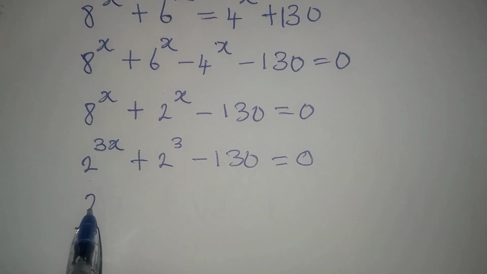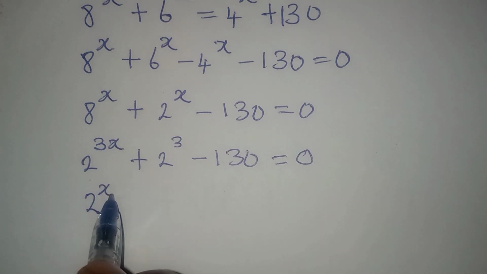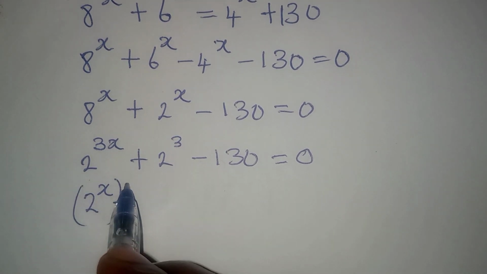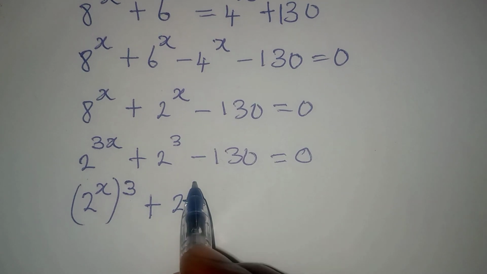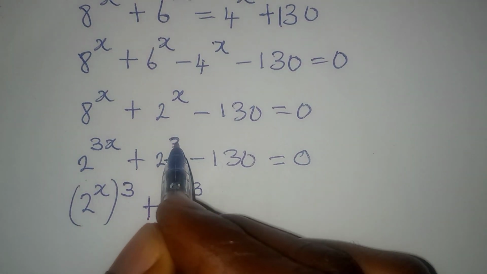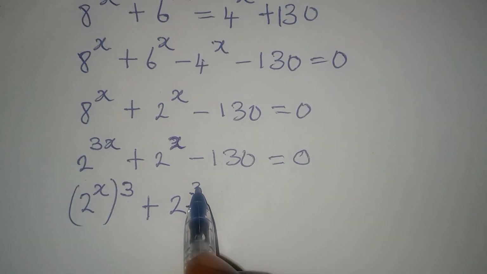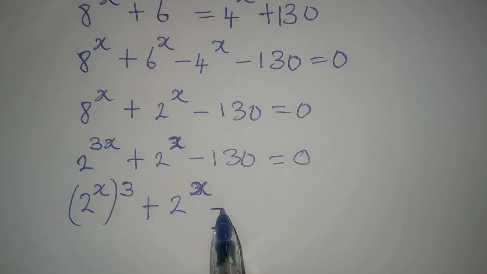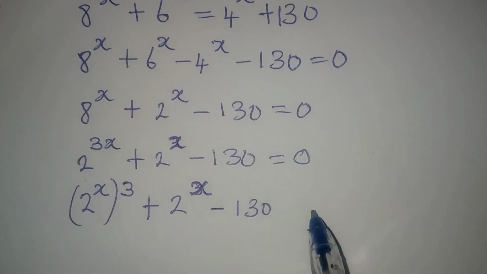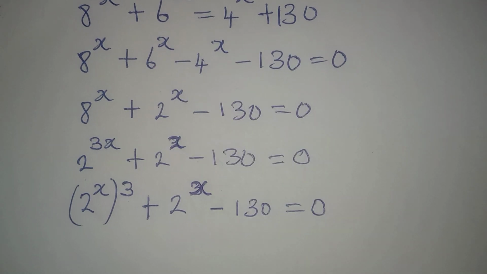So we have 2 to the power of x, all to the power of 3, plus 2 to the power of x, minus 130 equal to 0.